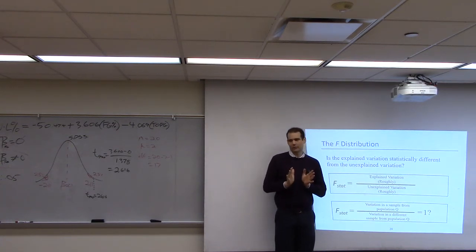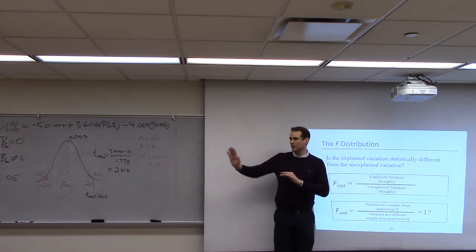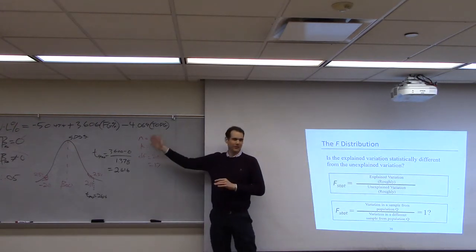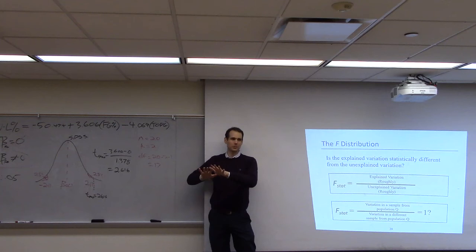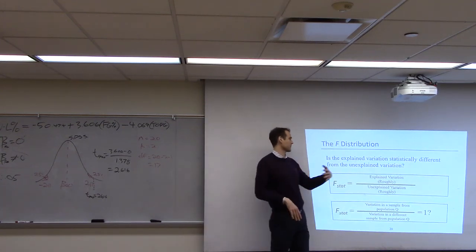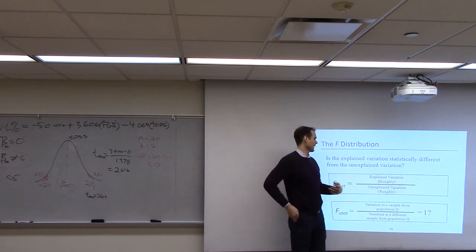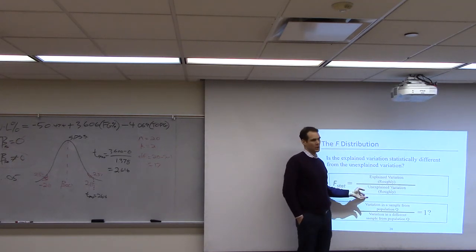If, in reality, none of the slope coefficients, none of the independent variables have any predictive value, then the line of best fit, plane of best fit, would just be a random line through data. And the chances are we would have the same amount of explained variation as unexplained variation. You with me there?